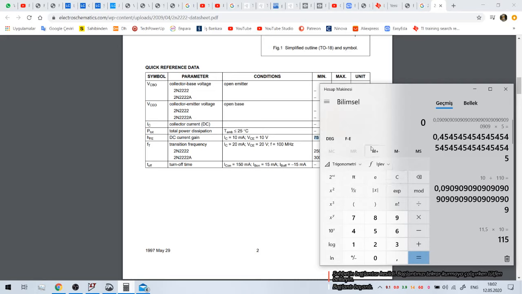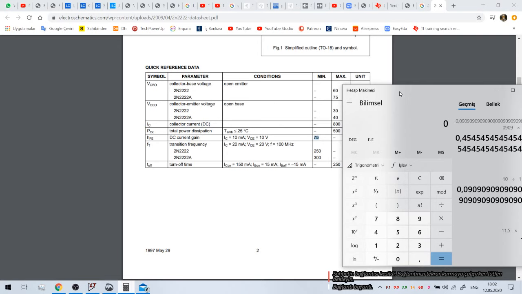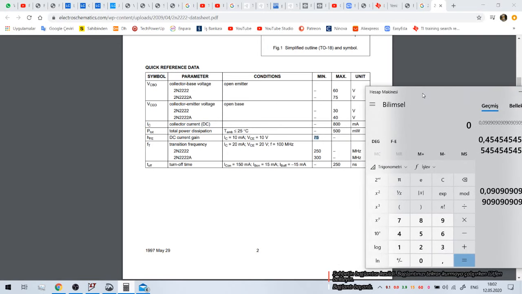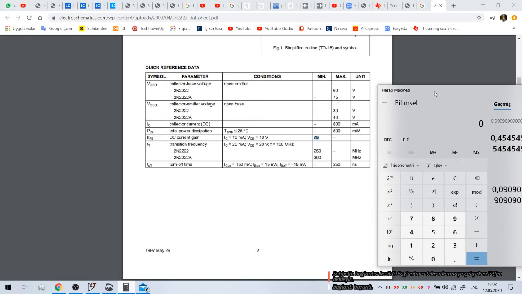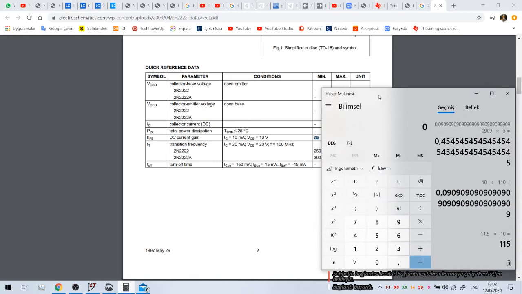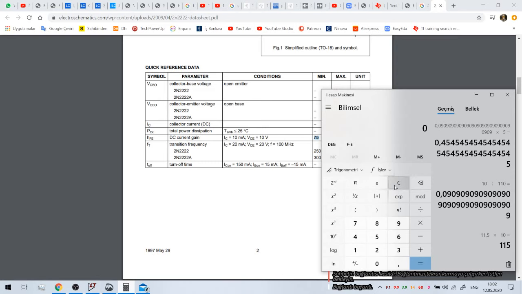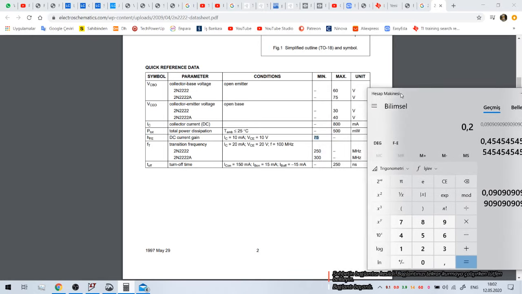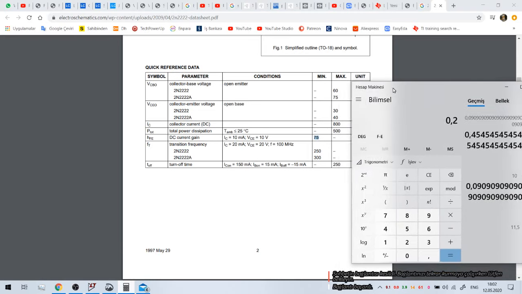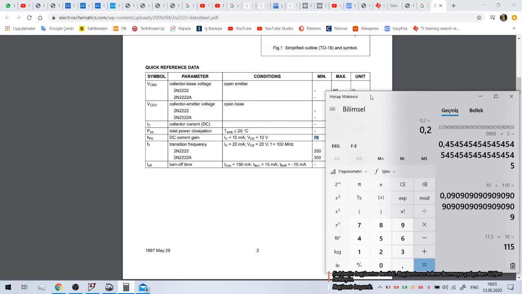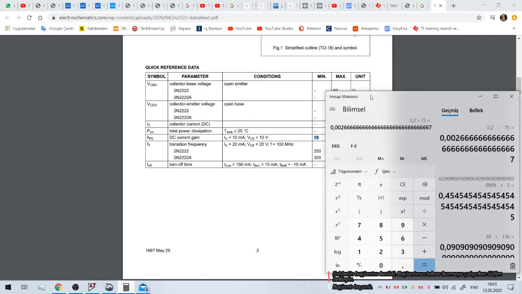Yes, for 0.18 amp, I will give some margin, and 0.2 amp I will take, and with minimum current gain of 75, I can say we need only nearly 2.5 milliamp.